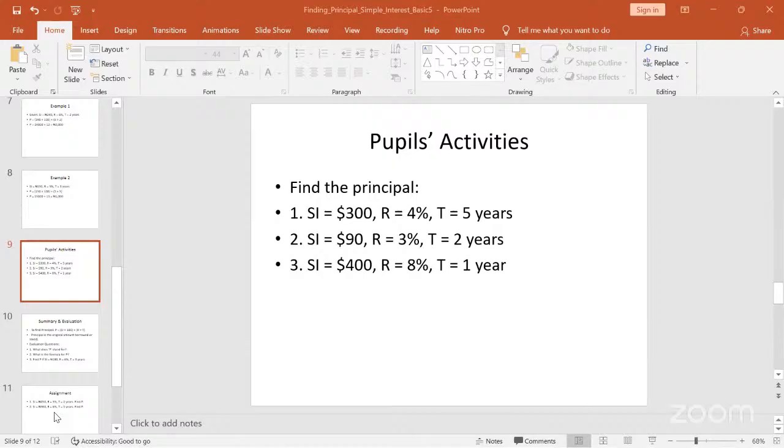Remember that I just changed it to dollars. So do the third question. Let me do it. So what did you get as your answer? 1,500.